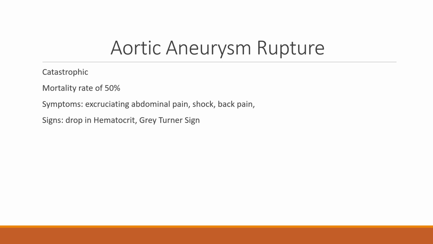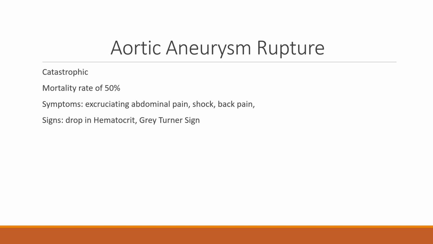But very quickly, because the aorta is the largest vessel in the body, you're going to see that they start to bleed out. So they're going to lose all of their blood into their abdominal cavity, and they're going to go into hypovolemic shock pretty quick. The mortality rate on this is about 50% if they're not treated quickly.